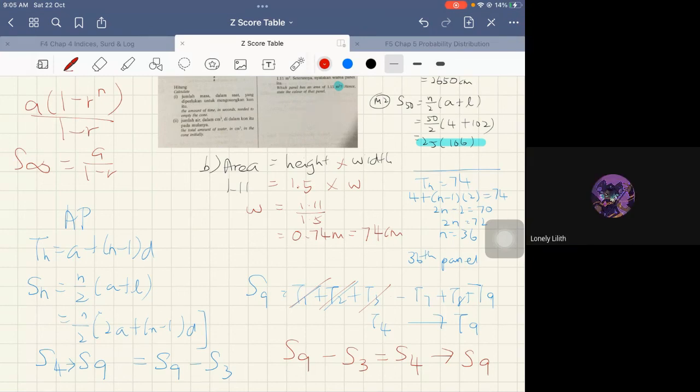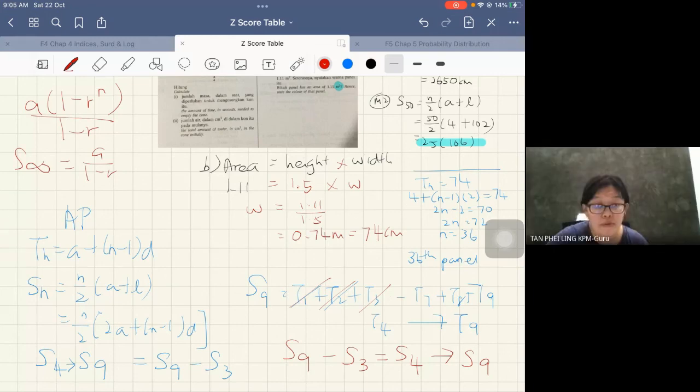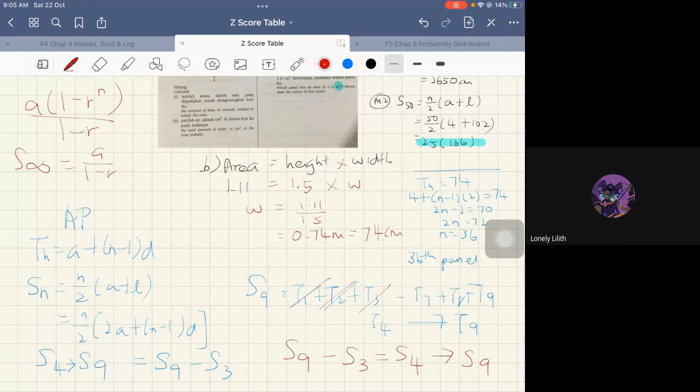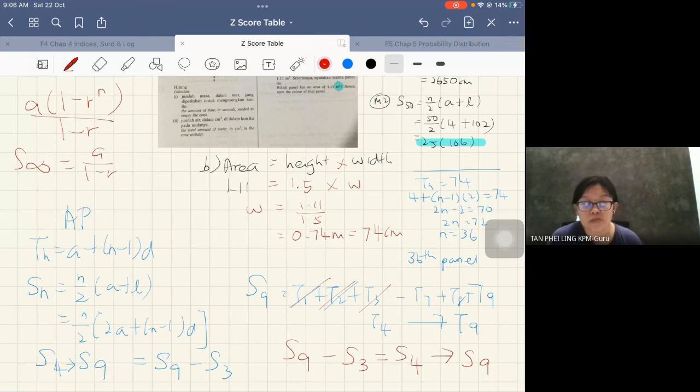Teacher, what does the arrow mean? Which arrow? S4 is like arrow S9. Oh, which means the sum of the fourth term to the ninth term. Maybe I should write like that.